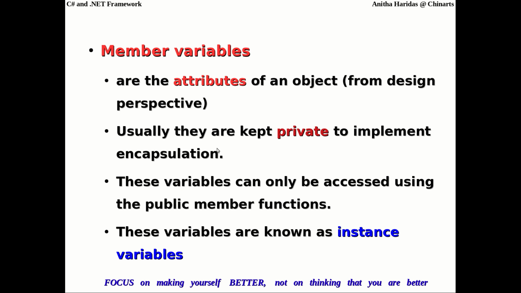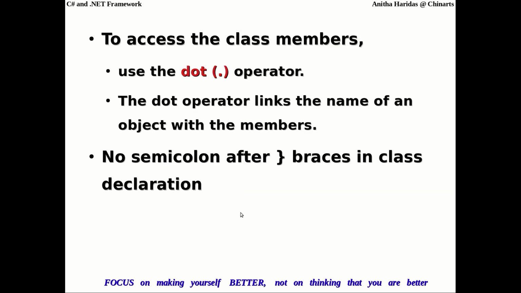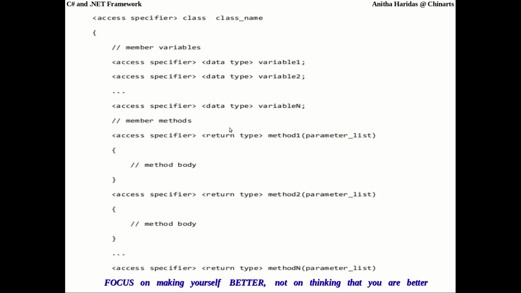Mostly these attributes or the member variables will be kept as private members so that you can implement the encapsulation property of the object oriented approach. And all these variables can be accessed using the public member function. That means you can define a member method which will be invoking the member variable.